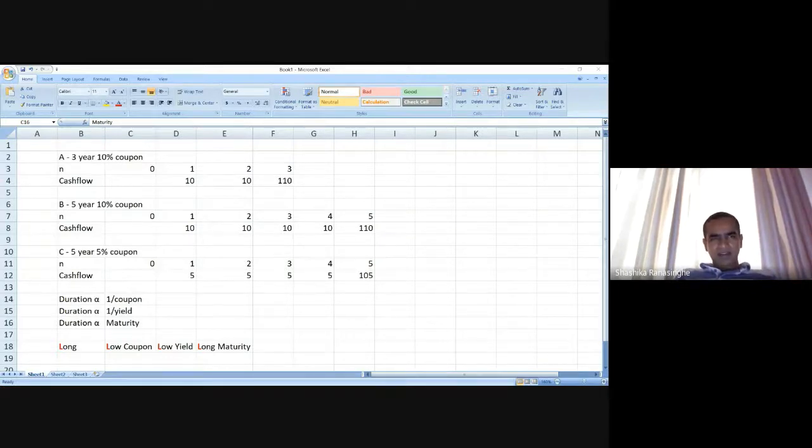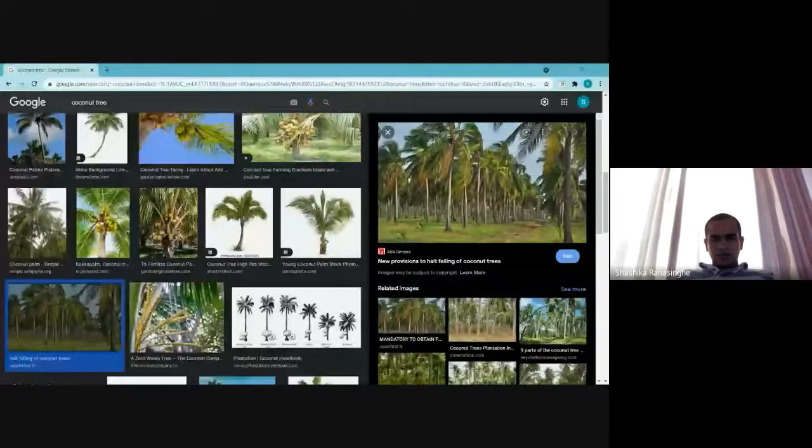Coconut trees. Can you see the coconut trees?